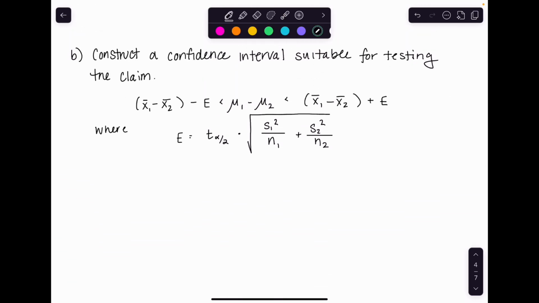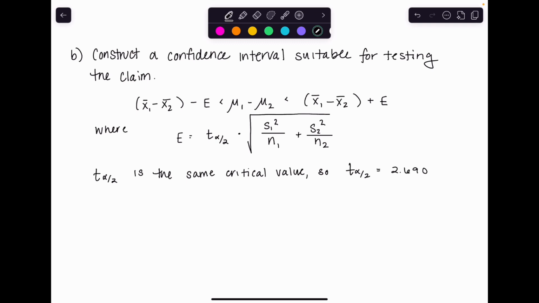So t alpha over 2 is the same critical value because you use the same information to find it. This is 2.690. So I have everything I need to find my error. It's 2.690 times this square root.